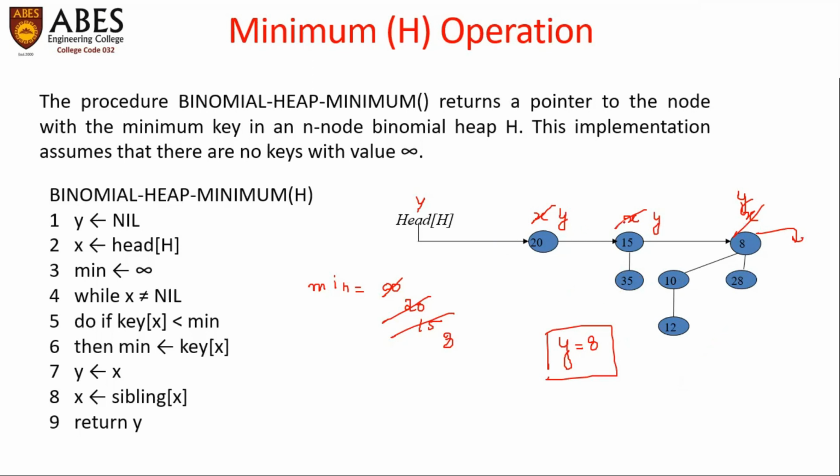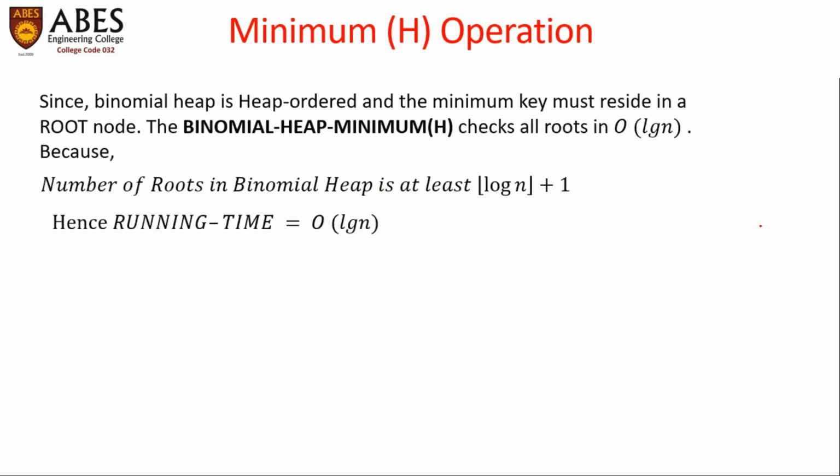We just have to traverse the root nodes, because each binomial tree has the min heap property, so the minimum element is present at the root node only. So this operation will only take log n time. The time complexity for this operation is O of log n.